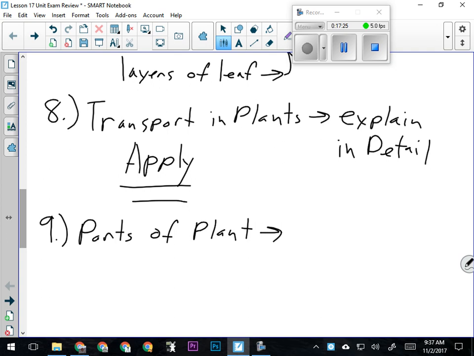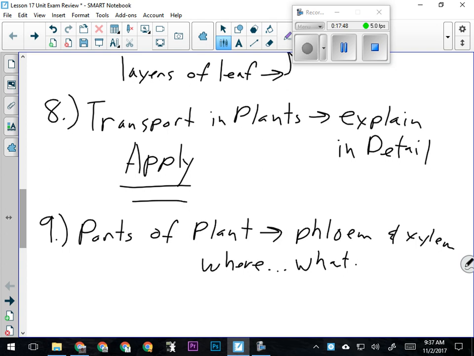And then parts of the plant, more than just roots, stem, and leaves, but also like phloem and xylem. Where do you find them? What do they transport?